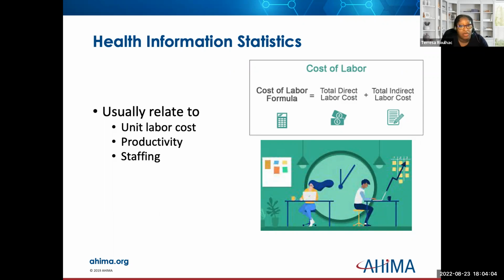The FTE formula would be 2,080 hours times the hourly wage equaling your annual salary, times the percentage of benefits equals your annual compensation.